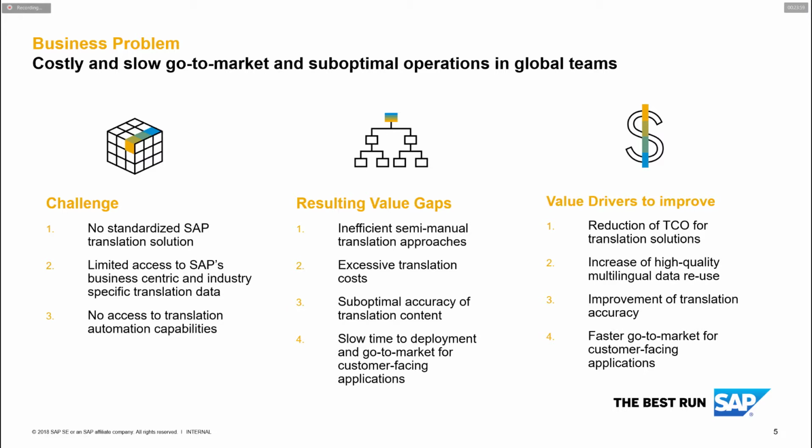We can increase the reuse of SAP's high-quality translation data and customers' and partners' own data as well. And with this, we can improve overall translation accuracy and consistency between SAP standard software and customer-specific extensions on the UIs of integrated end-to-end business process scenarios. So at the end of the day, we allow for a faster go-to-market of customer-facing applications.